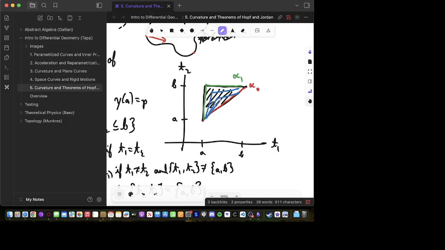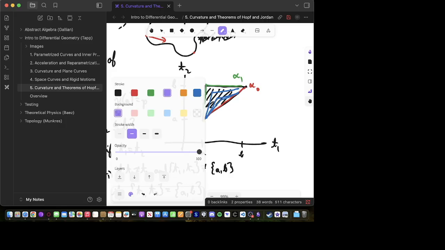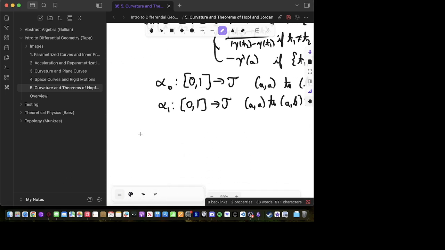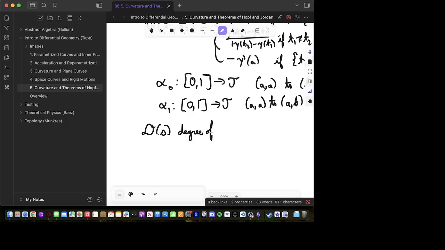That's pretty badly drawn, but that's the idea. So, to continue, suppose that d of s is the degree of the composition of our function from before with alpha s, where s is between 0 and 1.